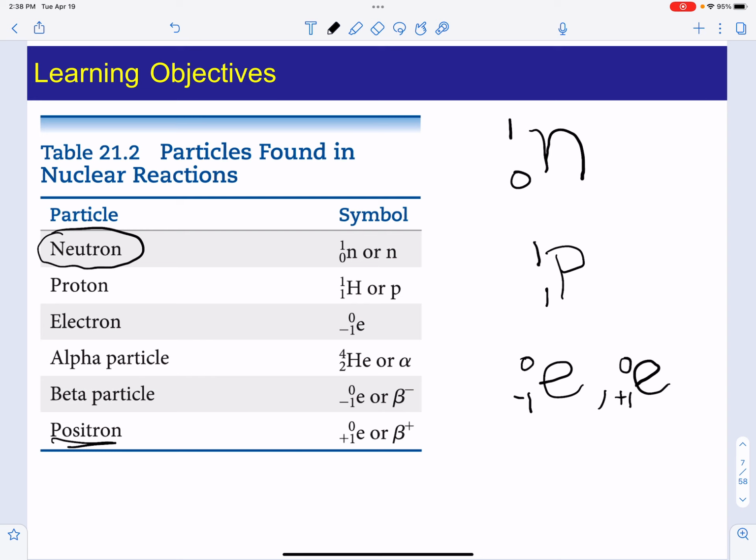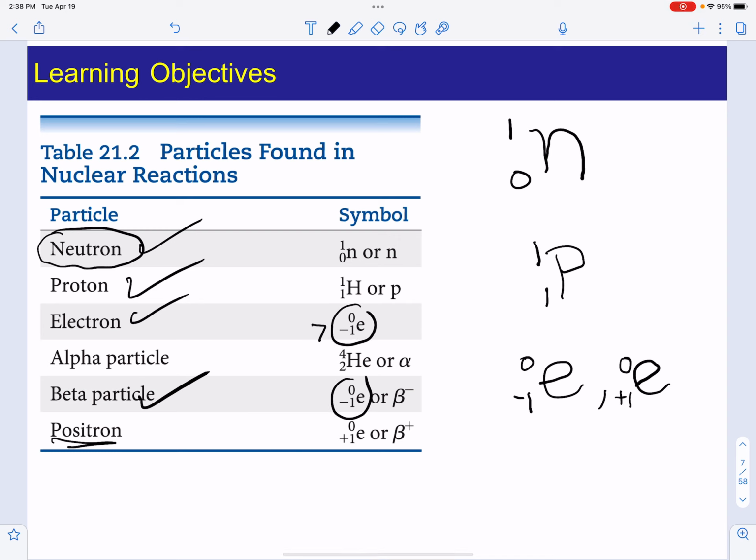So all those particles that I just mentioned can combine in different ways to take a neutron and make it into a proton. So you're going to see that when we do the nuclear reactions. Notice this here.